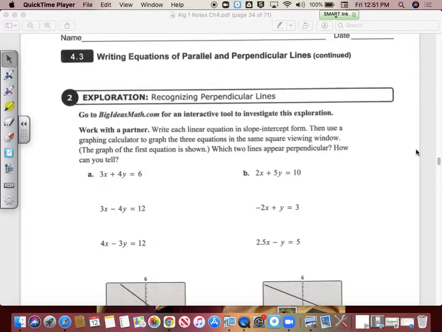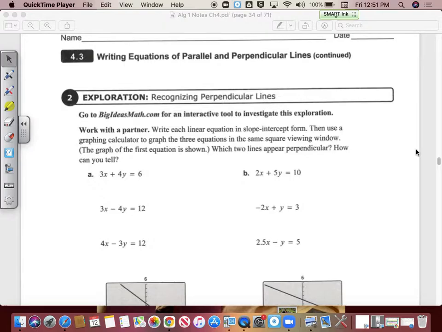An example would be a horizontal line intersecting with a vertical line. You would see right angles at the intersection point because perpendicular lines create four 90-degree angles.